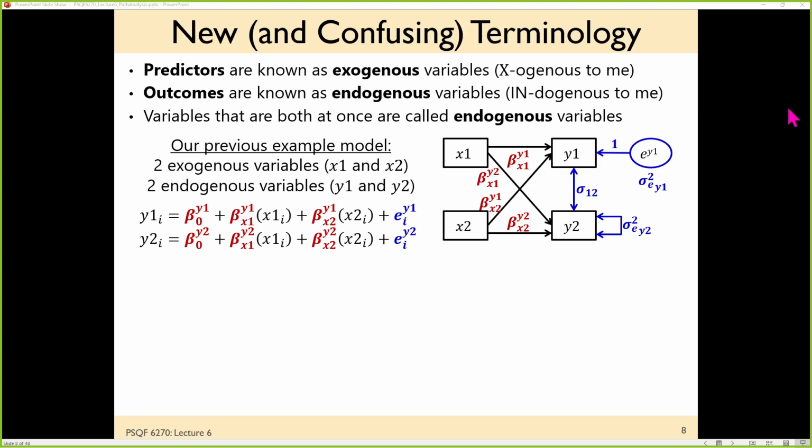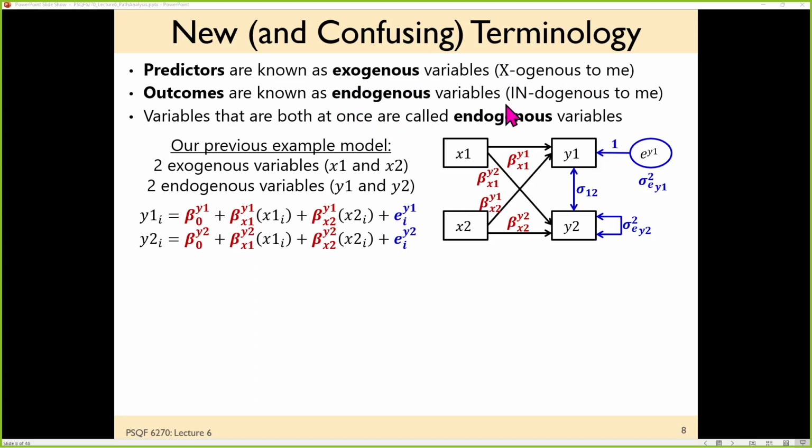So if you read your path analysis textbooks, you will see them use the terms exogenous and endogenous. Are these words that you've heard before to describe variables? Maybe? So I had to come up with mnemonics to keep track of which is which. My mnemonic is that exogenous means these are predictors, because in my notation, X is always a predictor.